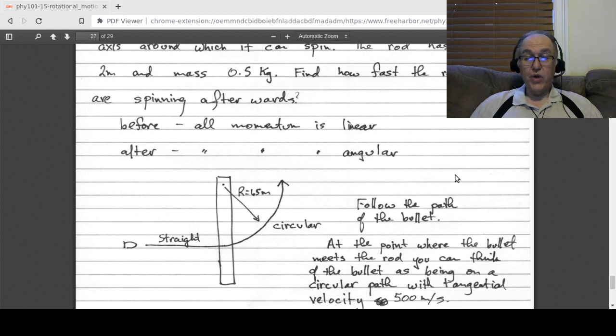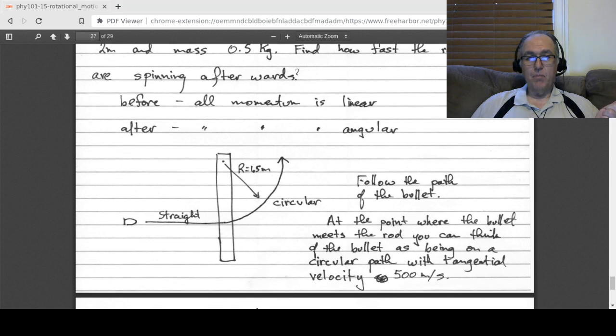The trick here is to see how the linear and the angular velocity really are the same. The way to see that is at the moment of the collision. If you follow the trajectory of the bullet, it is first going along a straight line, and then all of a sudden it switches from straight line to circular. Let's think about what happens at that point.